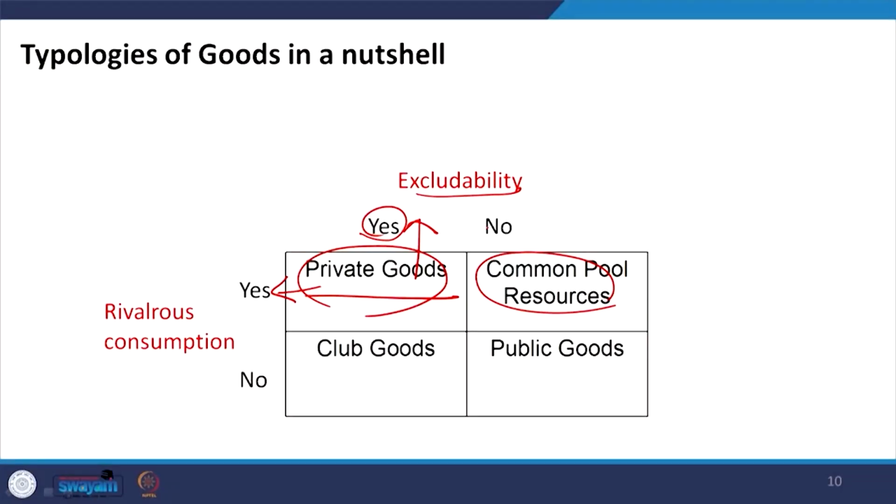That means you cannot exclude your neighbor from accessing the particular good. So, excludability is not applicable. And simultaneously, if you see the case of rivalry in consumption, yes, it is rivalrous, it does satisfy the same thing.